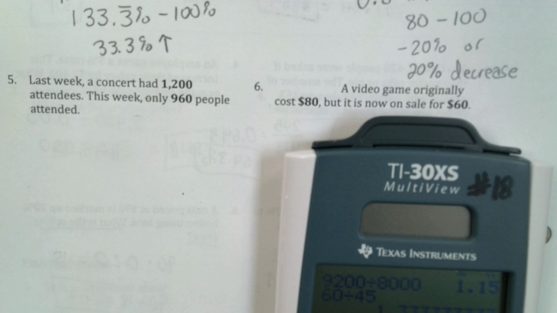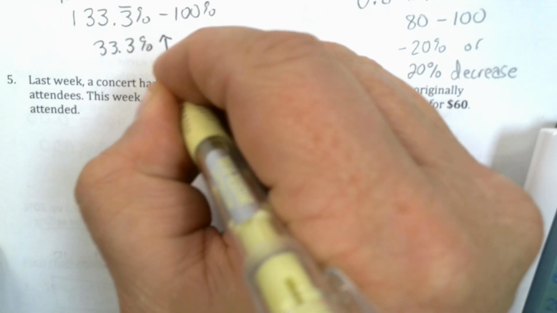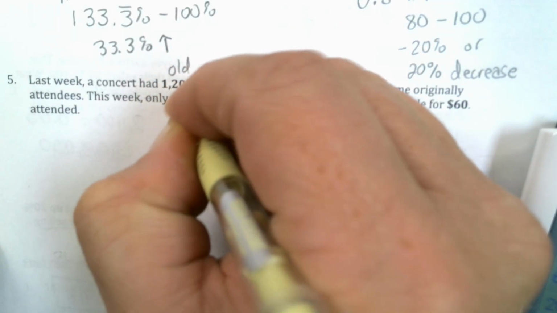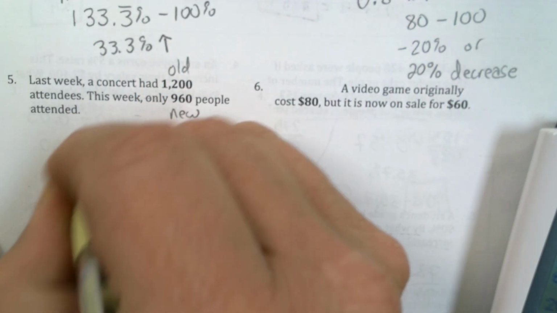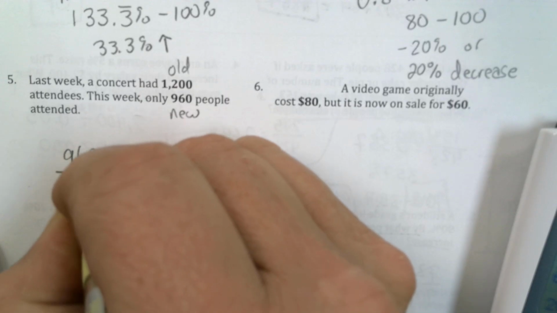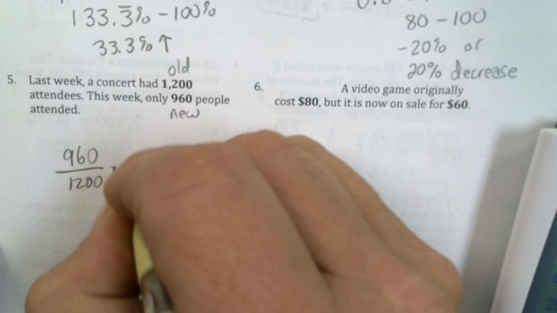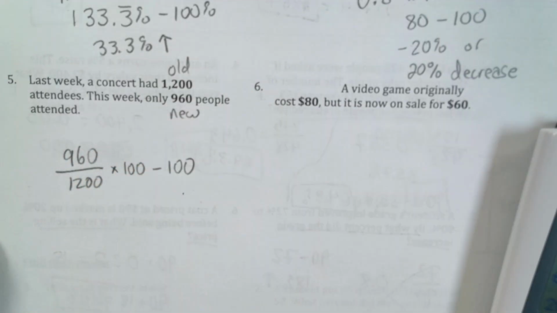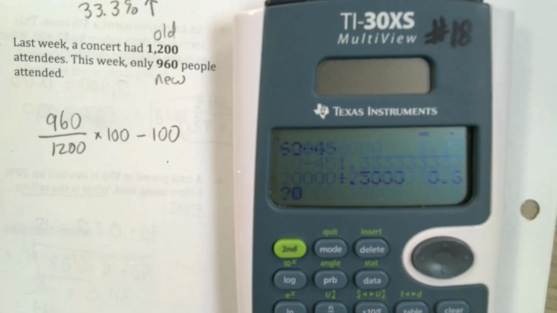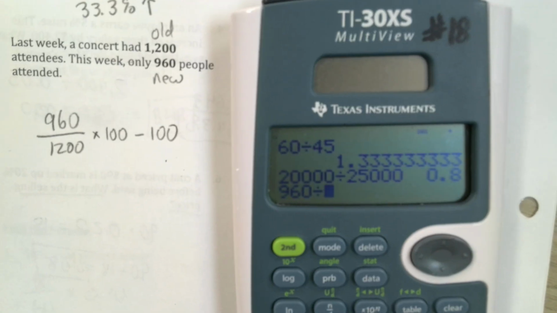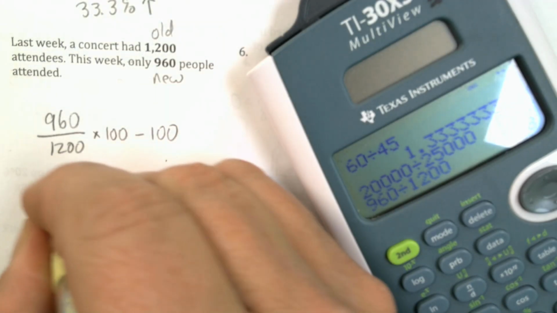Last week, a concert had 1,200 attendees. This week, only 960 people attended. So this was the old number, and this is your new number. So we have 960 over 1,200 times 100 minus 100. So 960 divided by 1,200, also 0.8.